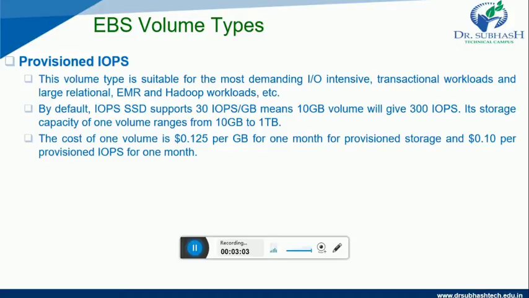Its storage capacity of one volume ranges from 10 GB to 1 TB. The cost of one volume is $0.125 per GB for 1 month for provisioned storage and $0.10 per provisioned IOPS for 1 month. So this is provisioned IOPS.